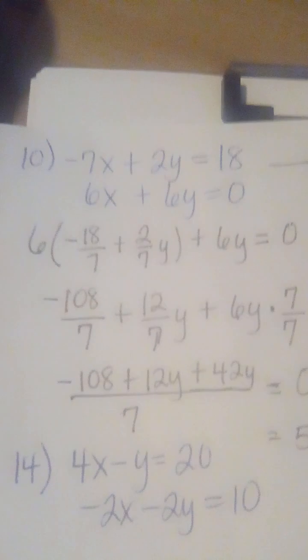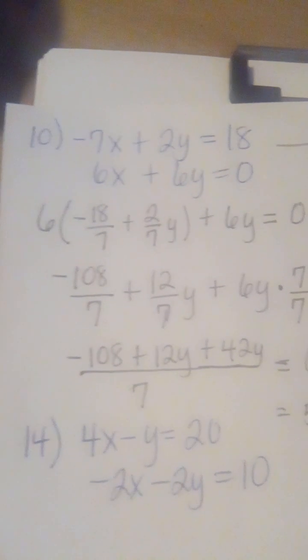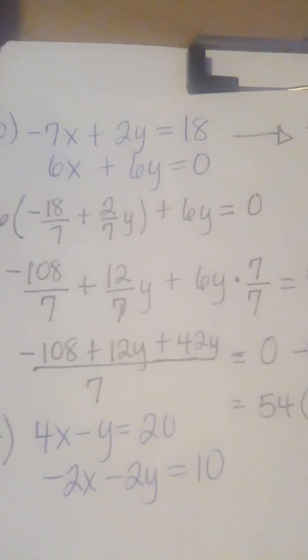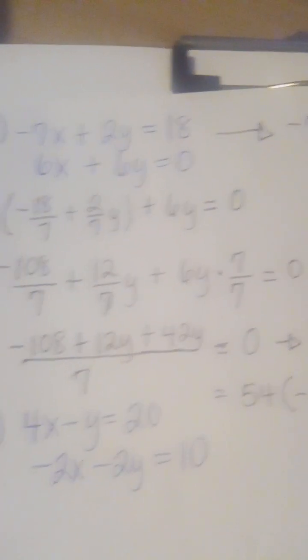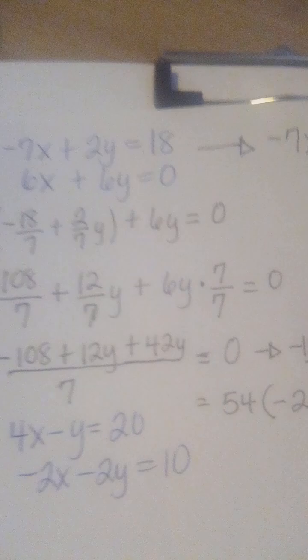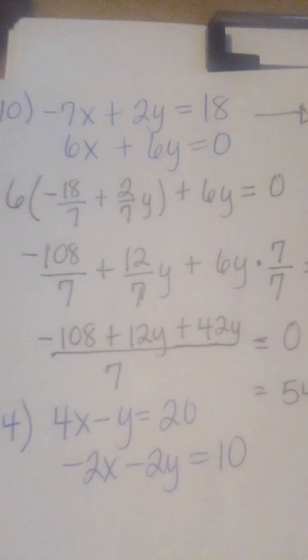So you see right here, from the original problem, I cleaned up the fraction just a little bit. We got negative 108 over 7 plus 12 sevenths y and 6y equals 0. In order to make this fully disappear, we had to multiply 7 over 7 by the 6y to get this.